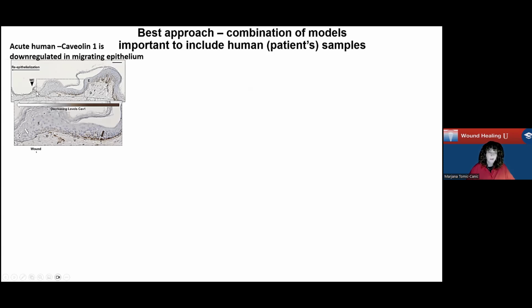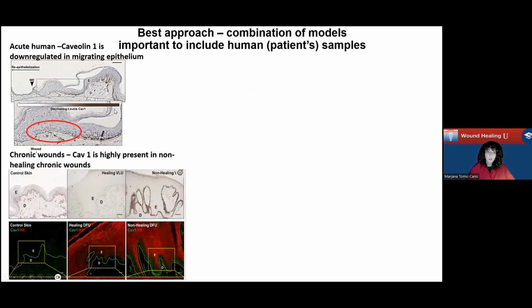In other words, it's down regulated in the human wound. Then when you look at the chronic wounds, this is a non-healing venous leg ulcer, this is a non-healing diabetic foot ulcer, different kinds of immunostainings, but you can obviously see how strong the expression of caveolin 1 is in contrast to the acute human wound.